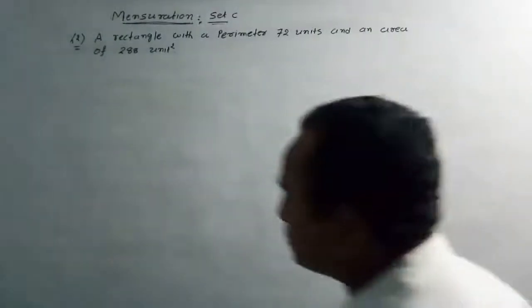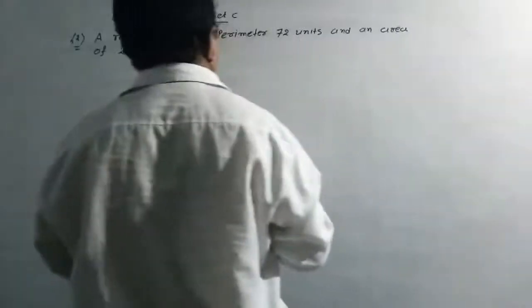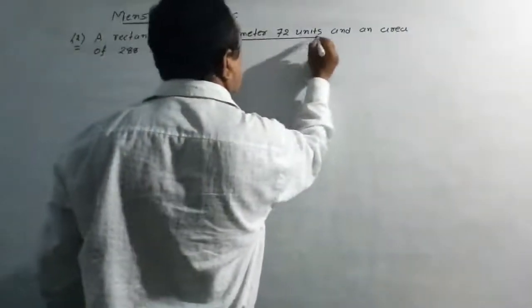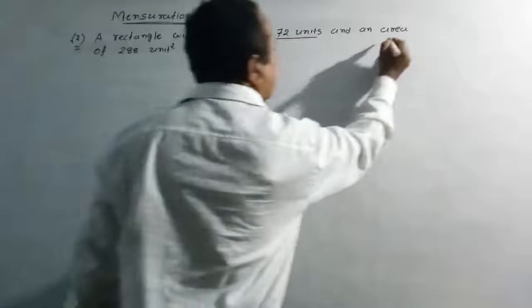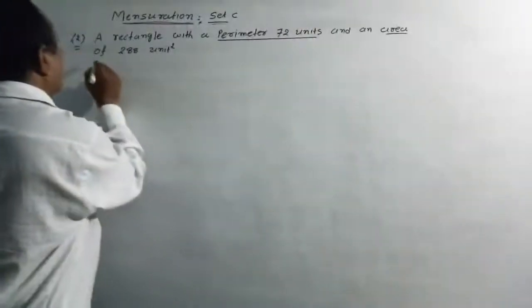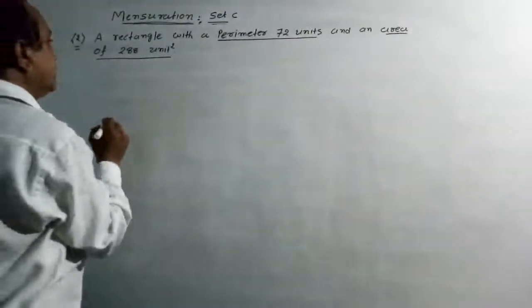Example number 2. A rectangle with a perimeter of 72 units and area of 288 units square.